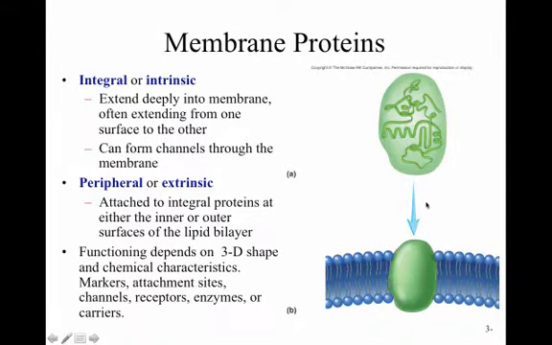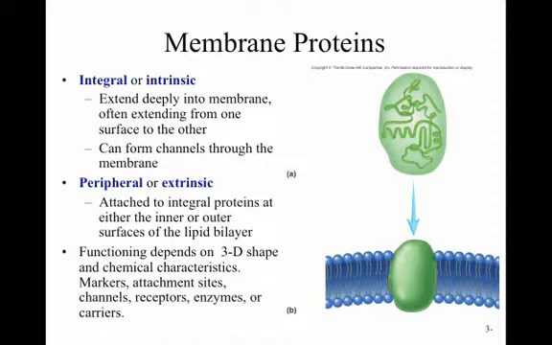So their function depends on their 3D shape, their tertiary shape. The chemical characteristics, markers, so there can be different receptors too. Markers would be like all your cells have a specialized marker on it so that your body knows it's your cell and can recognize it.